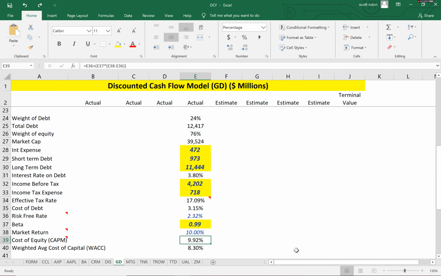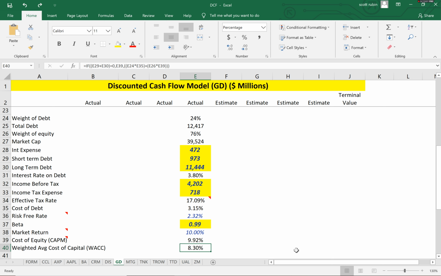And now we have to blend those together. So the company has 24% debt because it has 11 billion of debt, and 76% equity since it has a $39 billion market cap. So we multiply the 24% by the cost of the debt, 3.15%, and we multiply the 76% by the CAPM, the 9.92%.